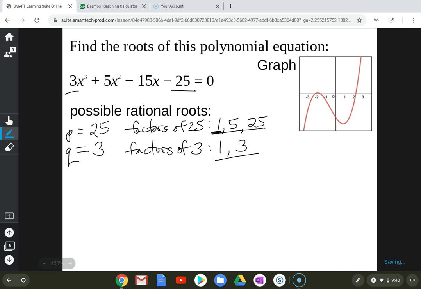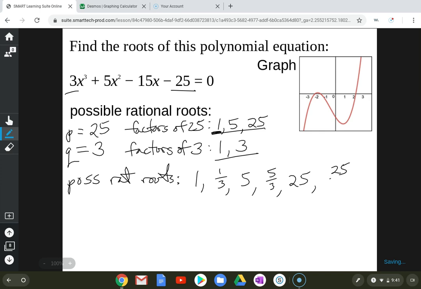So our possible rational roots, and I'm going to leave a little space in front of each number. There's a reason why. So 1 over 1, 1 over 3, 5 over 1, 5 over 3, 25 over 1, and 25 over 3.